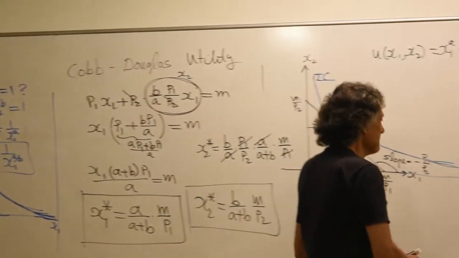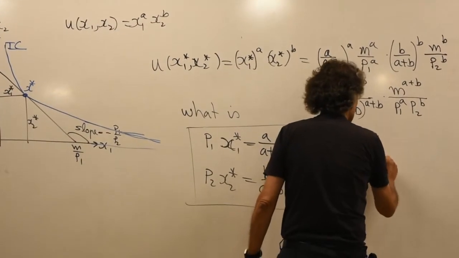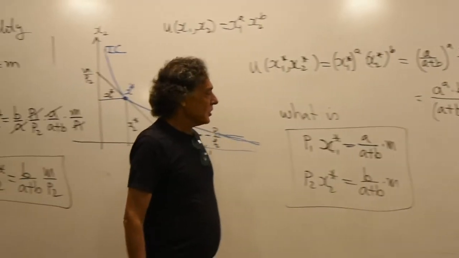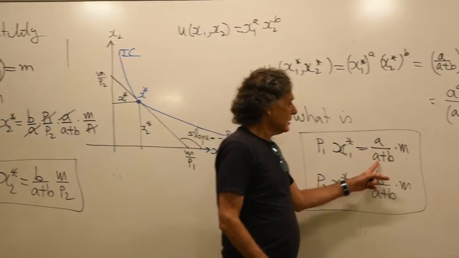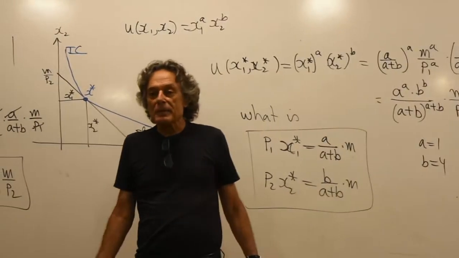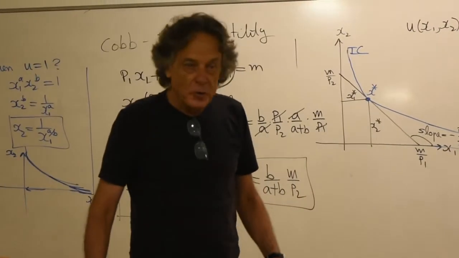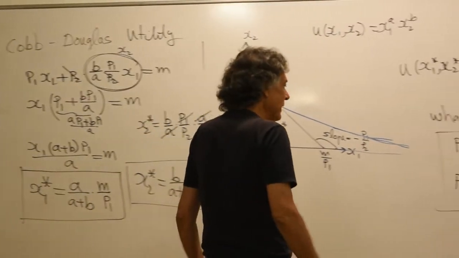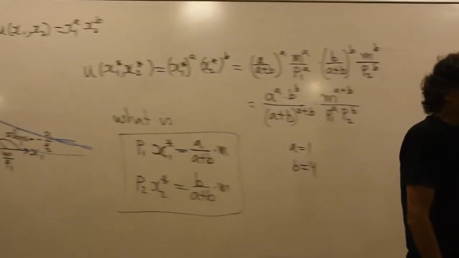Suppose that A is 1 and B is 4. So it will tell me, spend 1 out of 5 of your income. Namely, if my income is 1,000, 1 over 5 is $200 on food, and the rest, $800, on entertainment.